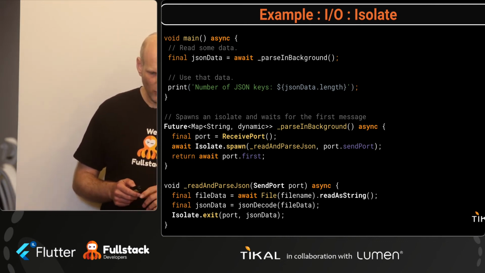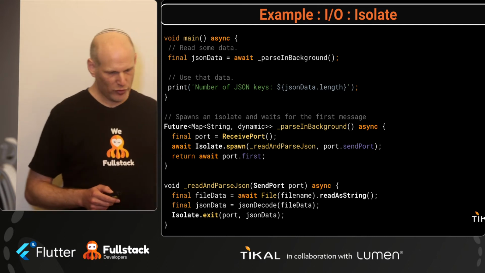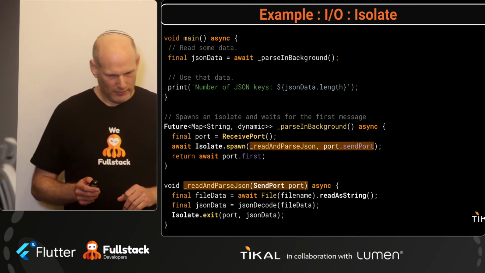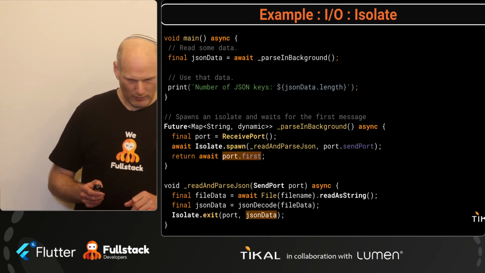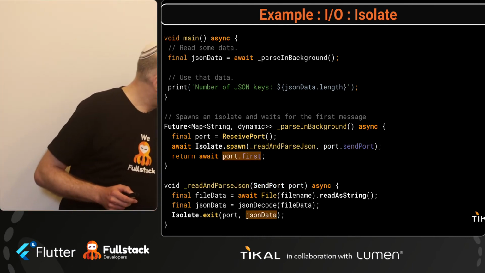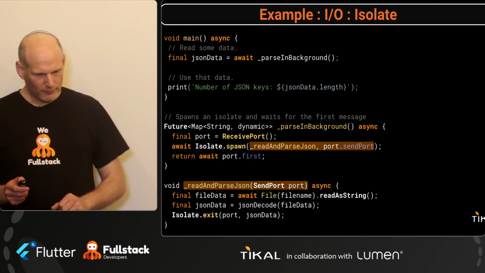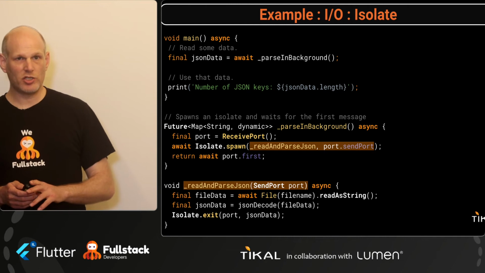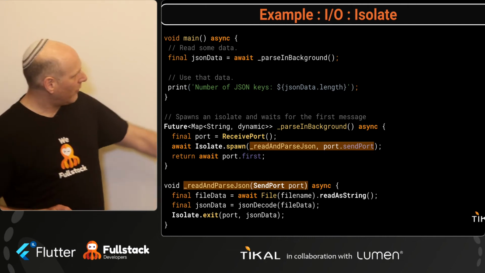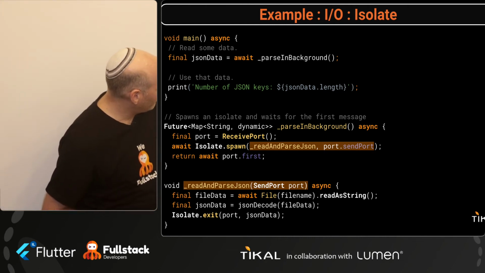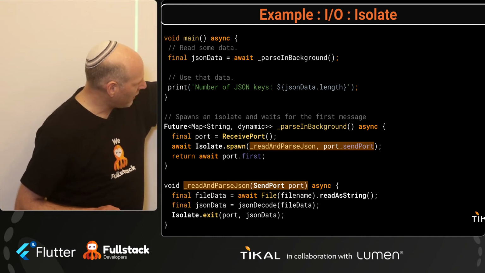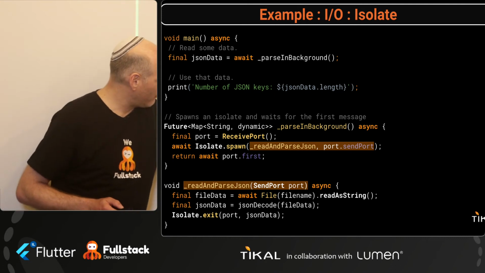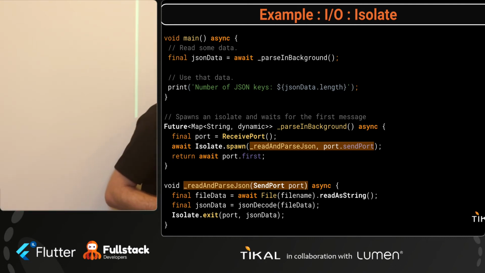To pass the JSON, we spawn the isolate. We wait for the first message, port first, and the JSON data. And the arguments that we need to spawn must match the function signature that we invoke. So we have here the read and parse JSON, the name of the function, and it must match this name, and the arguments here must match the arguments here.